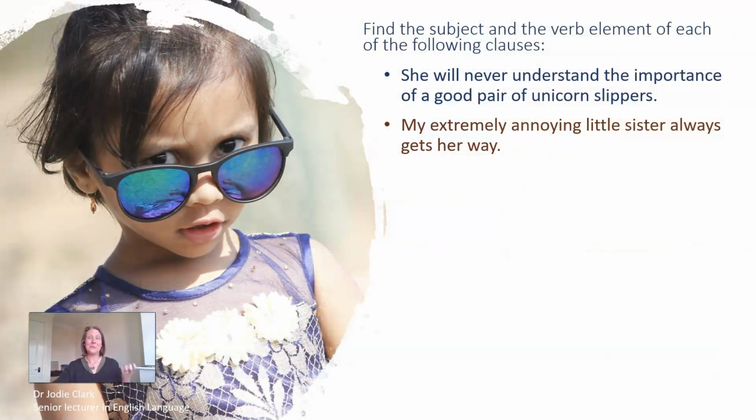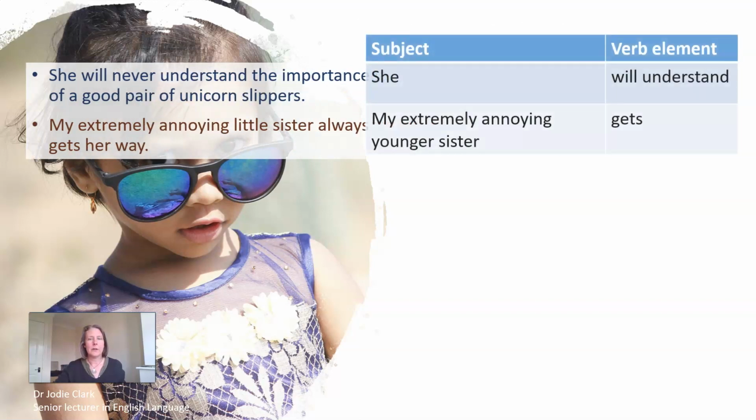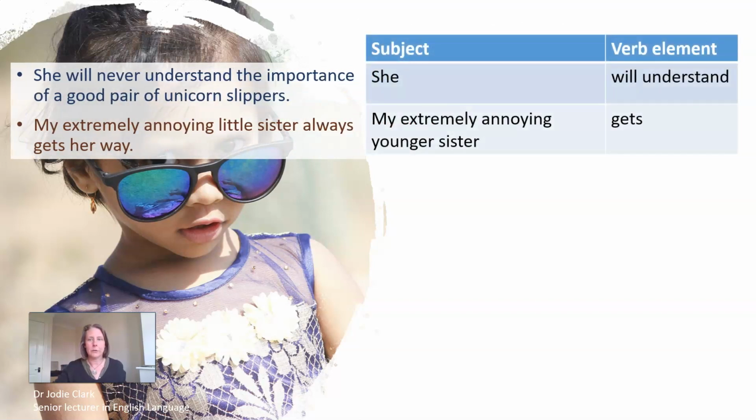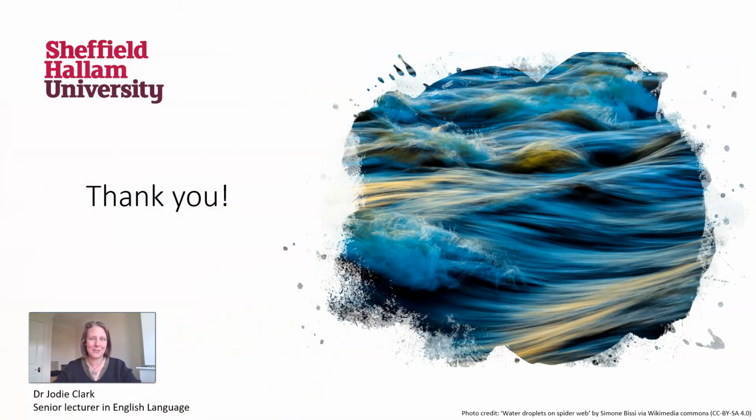So you've now made it this far, which means you've either done this on your own or you've followed along with me. You've found the subject and the verb element of those two clauses, which were a little bit trickier. And there they are, just sort of summed up for you. She is the subject, will understand is the verb element. My extremely annoying younger sister is the subject, and gets is the verb element. So you've done tremendously well.